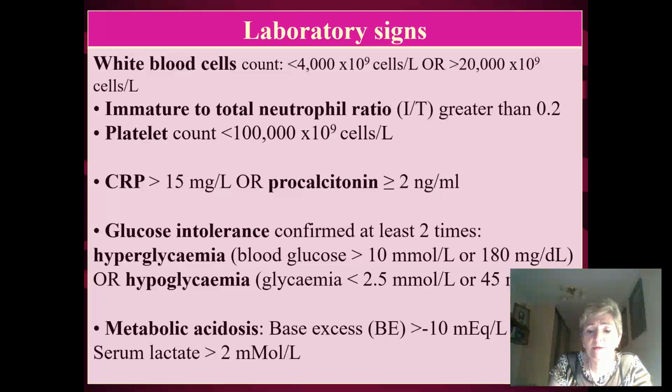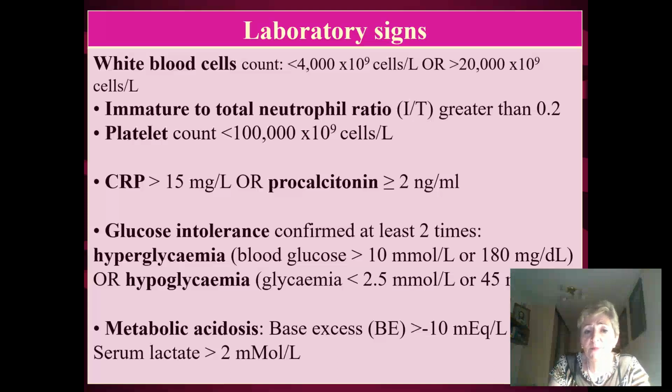Next, the quantity of platelets less than 100,000. Next, C-reactive protein, increased more than 15, and very important, procalcitonin more than 2 nanograms per milliliter. Glucose intolerance.